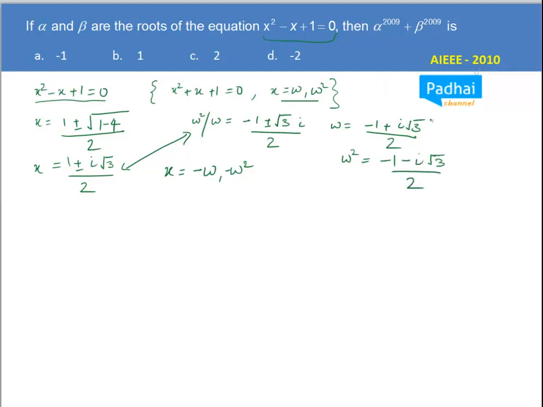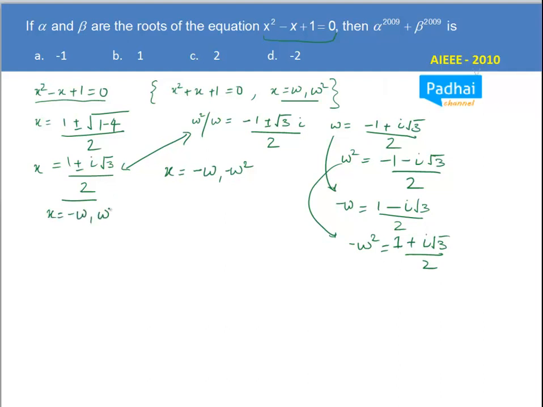So if I say what will be the value of minus omega, this will become 1 minus iota root 3 by 2, and minus omega square will be equal to, again you will have 1, and now plus iota root 3 by 2, and this is what I am getting over here. So that means x is equal to minus omega and minus omega square. So these two are the roots of this equation.